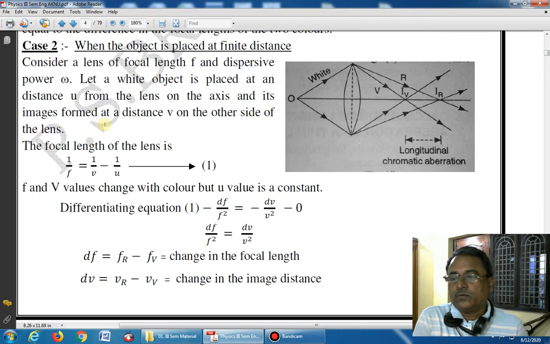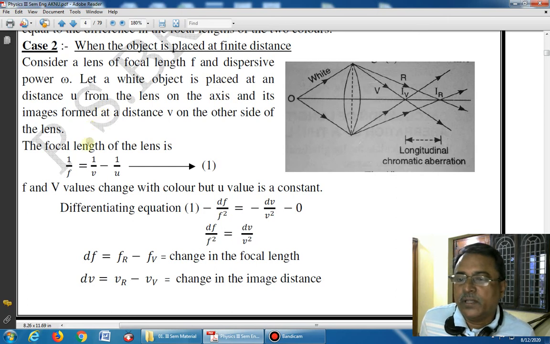We know the equation for the focal length in the UV method, 1/f = 1/v − 1/u, and here we are taking the sign convention, and because of that the negative sign for u comes.